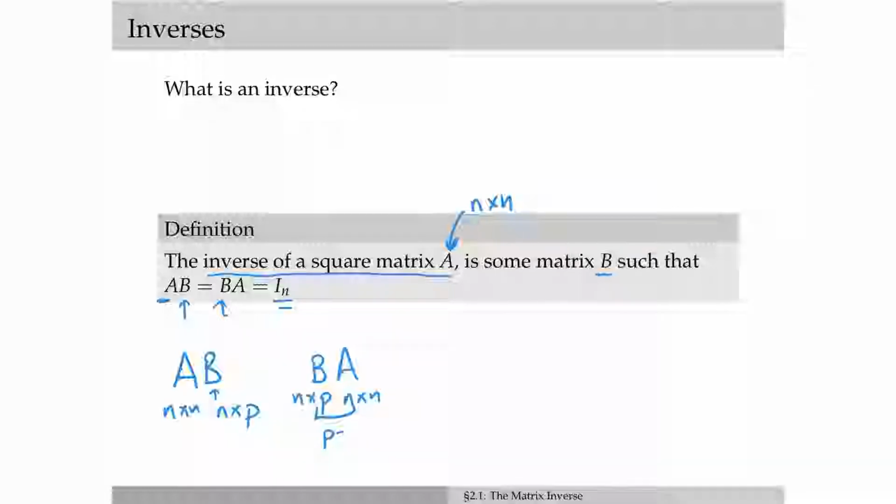And so that means p has to equal n. So therefore, the inverse of a matrix A is going to be a matrix B with the same dimensions as A. So that's our first takeaway here. And then it becomes clear why it's I_n and not just some other I. All right, so that's what a matrix inverse is going to be.